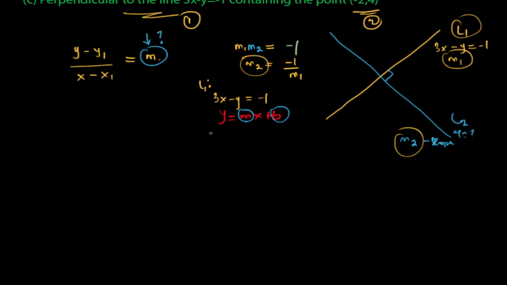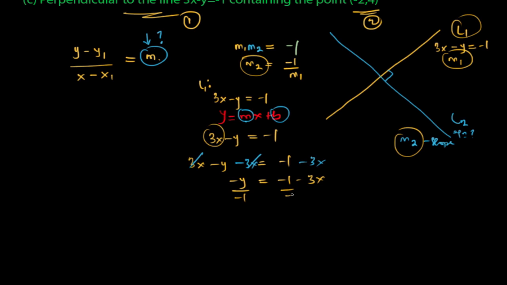So what I have is 3x minus y equals -1. I want to make y the subject of this equation. So you could subtract 3x from both sides. So this goes off, and what you have here is -y equals -1 minus 3x, and then we divide both sides by -1.